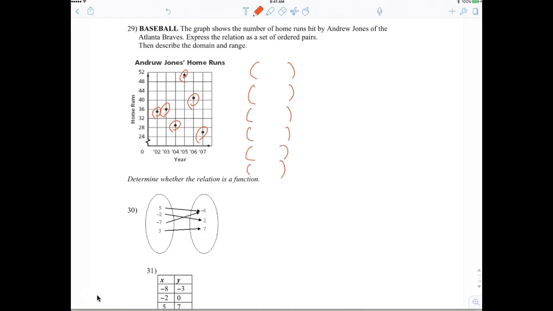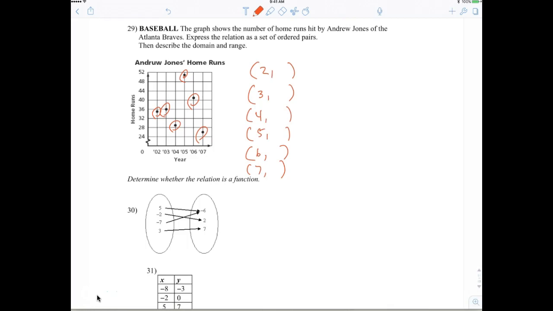What's annoying here is that it's kind of hard to see exactly what it is, but do you agree you can't hit half a home run? So you would just have to say in 2002, and then the following years, and now you're just finding the number of home runs.